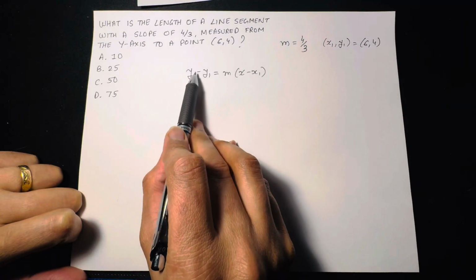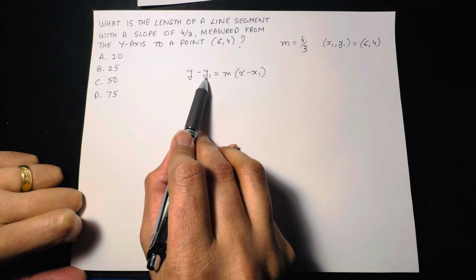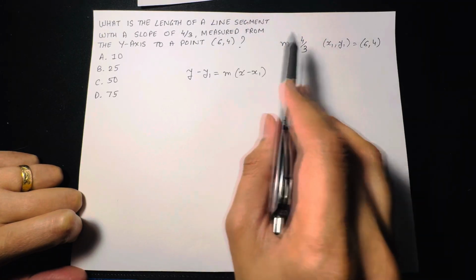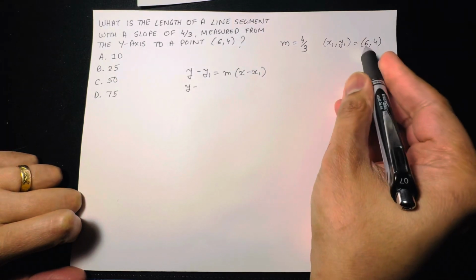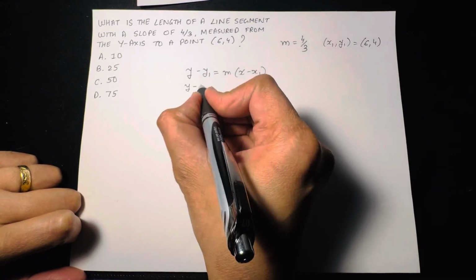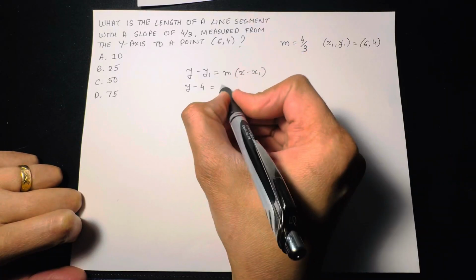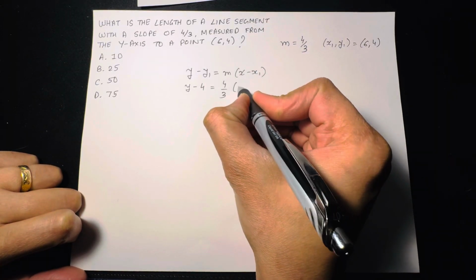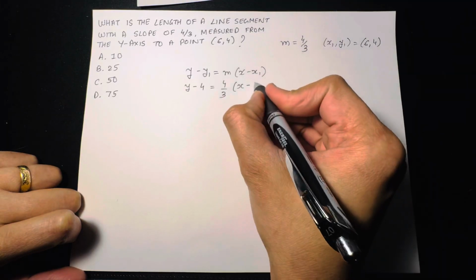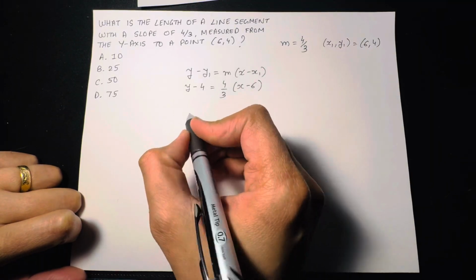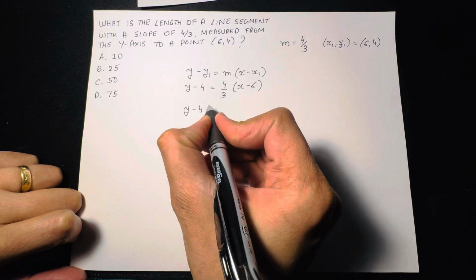What we're going to do next is plug in the values from the question. So this would be y minus 4 is equal to 4/3 times (x minus 6).